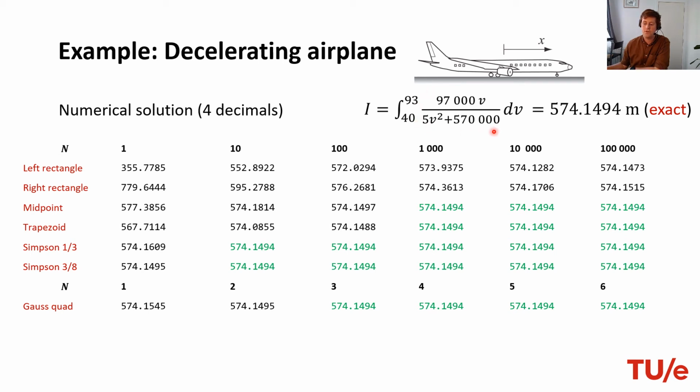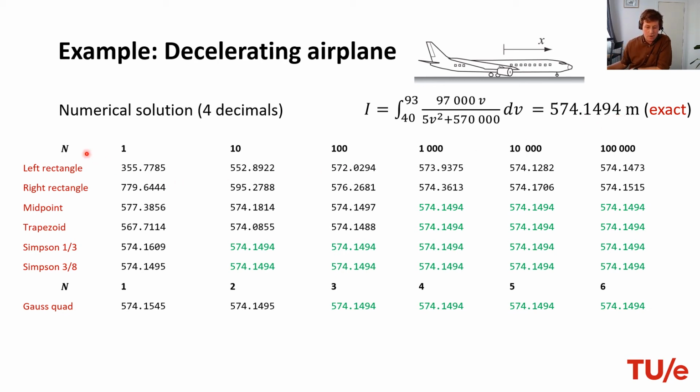If you do a substitution, then it turns out that this is, at least rounded to 4 decimal digits after the decimal separator, 574.1494. That would be the exact solution.